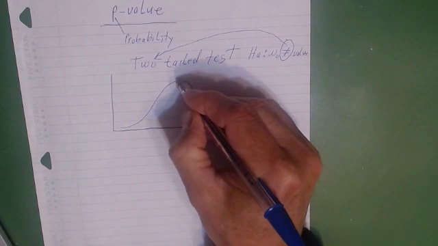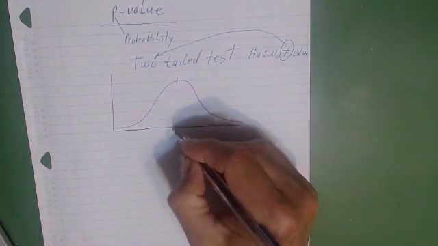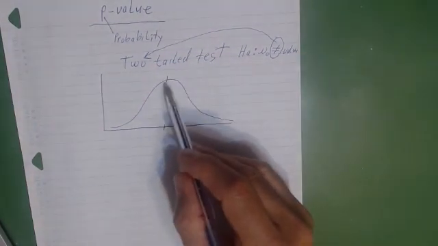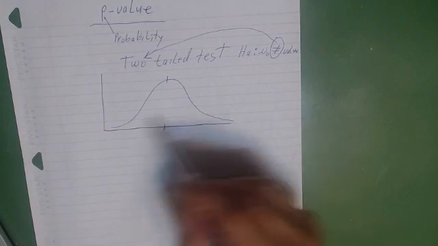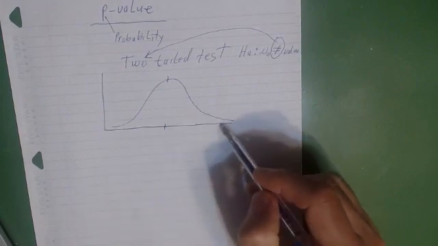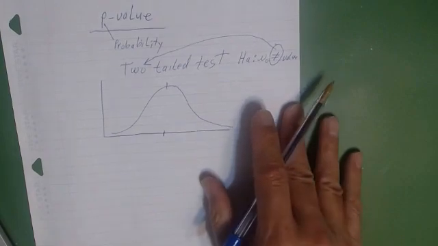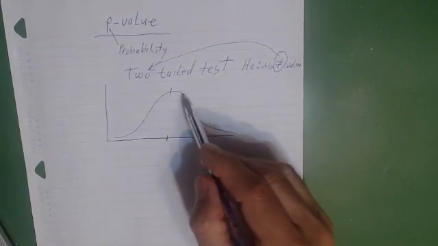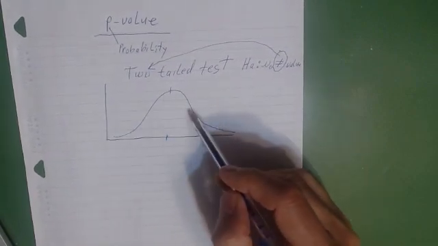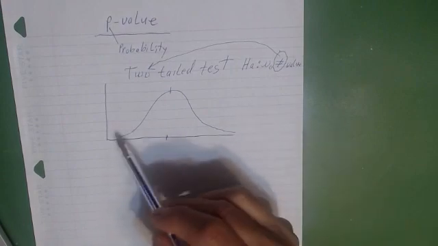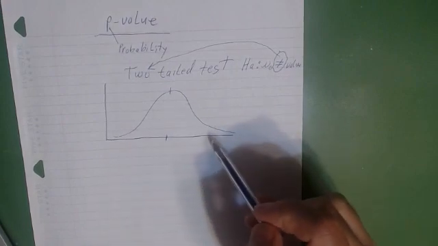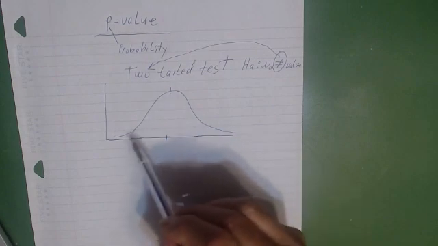okay, so what we do is we propose that there's this distribution that if it's a z-curve, it is a normal distribution. If it's a t-curve, it's like a normal, it's close to it, okay? So this could be a t or a z-curve. There's only one z-curve, only one, all right? There are many t-curves.